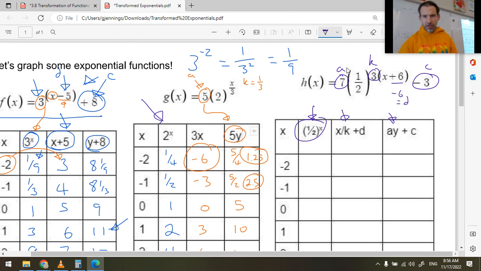So you're going to have x over 3 minus 6. Of course, you're going to divide these x values by 3 first, and then take away 6. And then here, ay plus c, what is that going to look like? 7 multiplied by y minus 3.